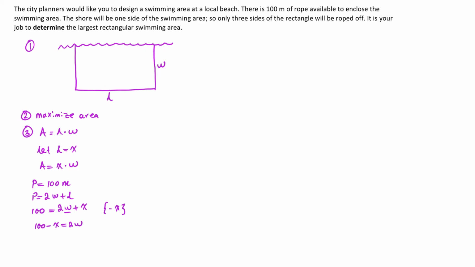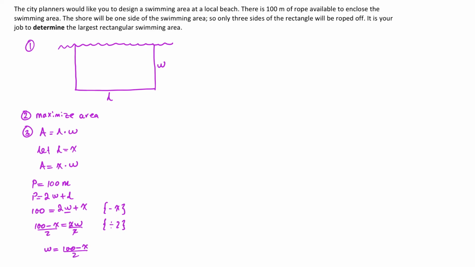And I just want to isolate W over here, so I will divide both sides by 2. The 2's cancel, and I'm left with W is equal to (100 minus X) divided by 2.